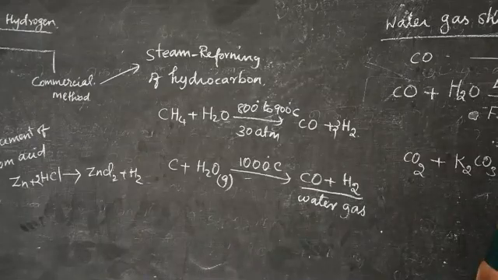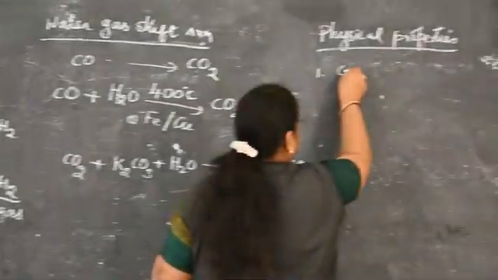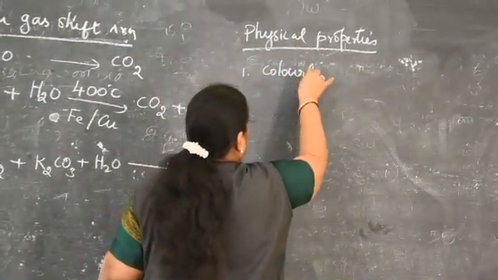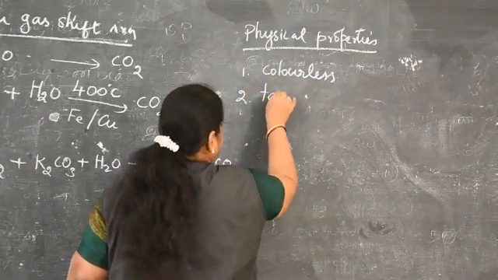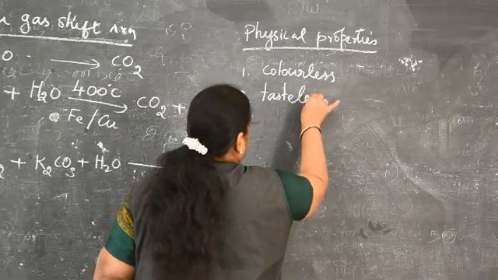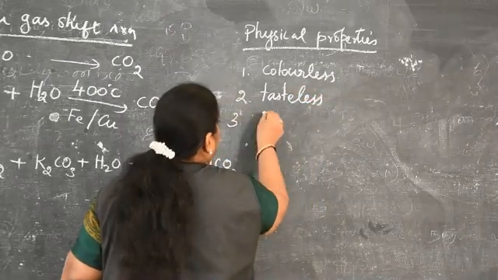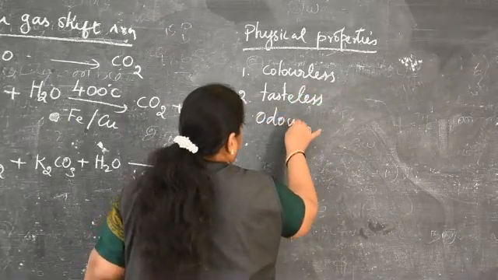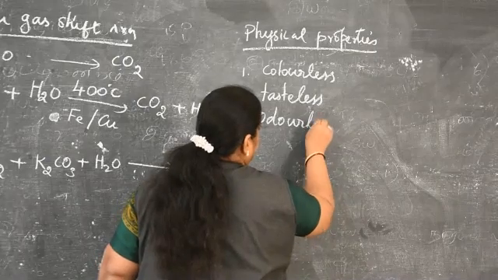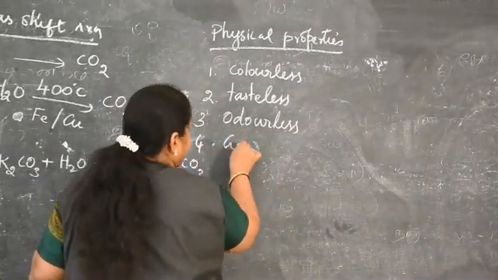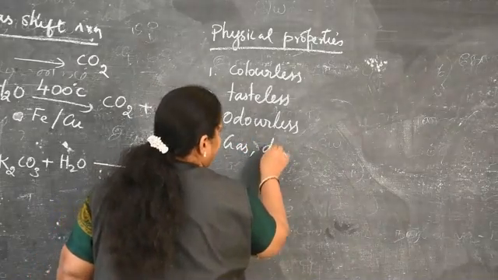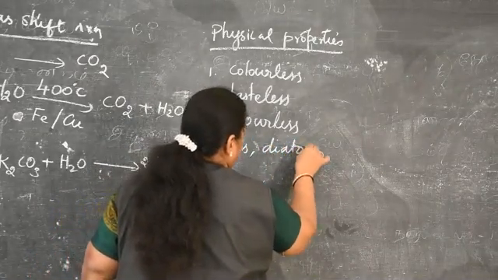Physical properties of hydrogen: it is colorless, tasteless, and odorless. It exists in the form of a gas and it is a diatomic molecule.